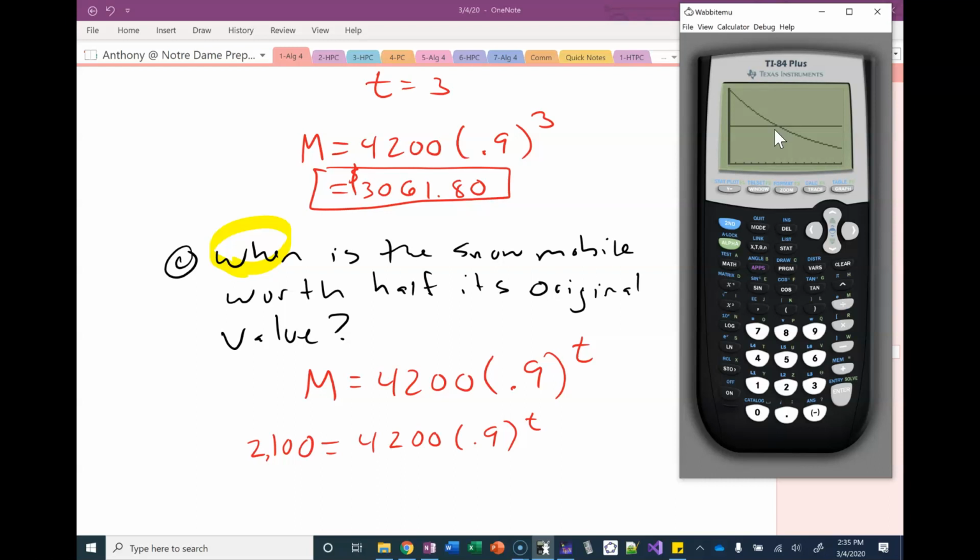All right. So let's find the intersection then. I'll press second trace, pick the intersect command, first curve, second curve, and then move over by my guess. And I get 6.58.